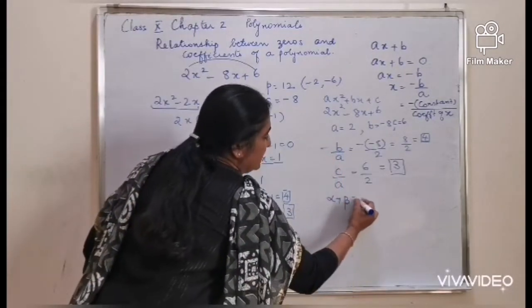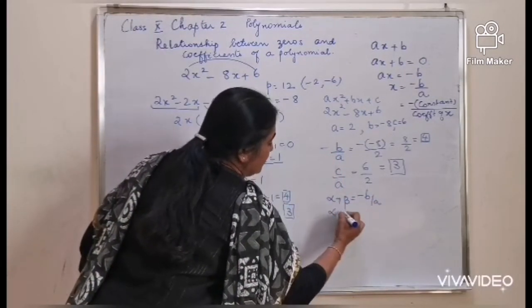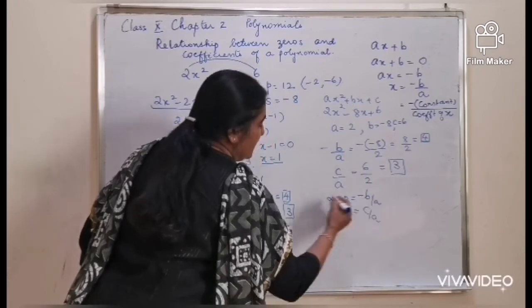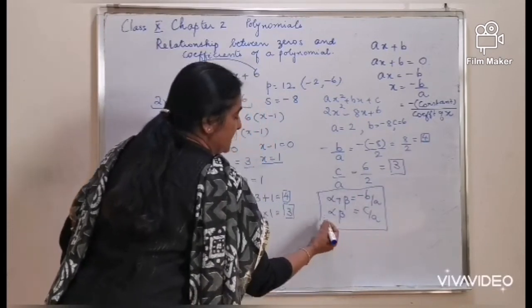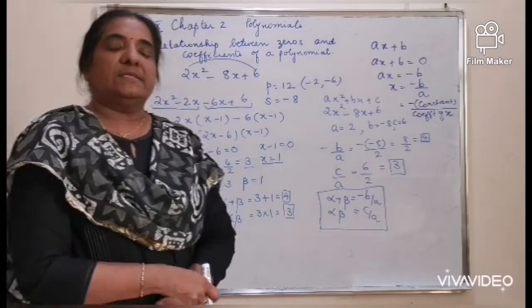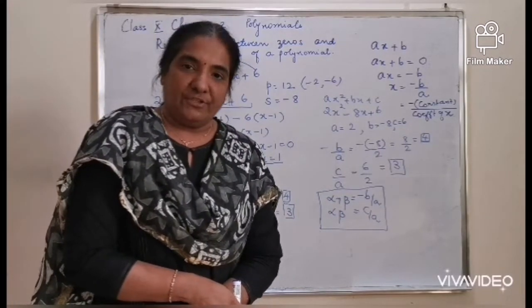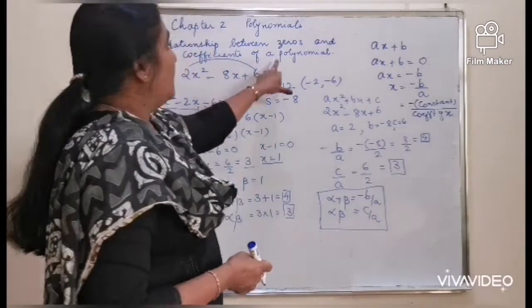Alpha plus beta is equal to minus b by a and alpha beta is equal to c by a. This is the relation between the zeros and the coefficients of a polynomial.